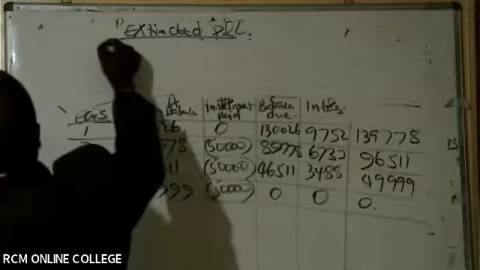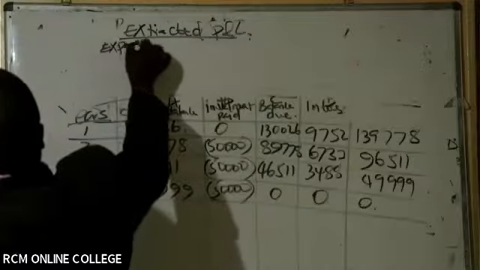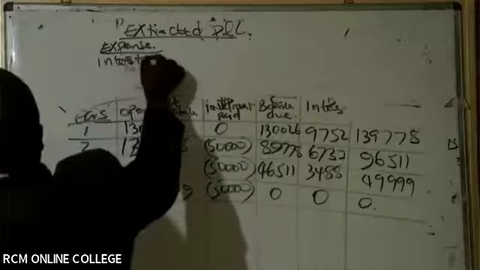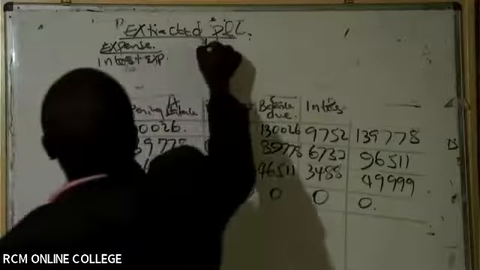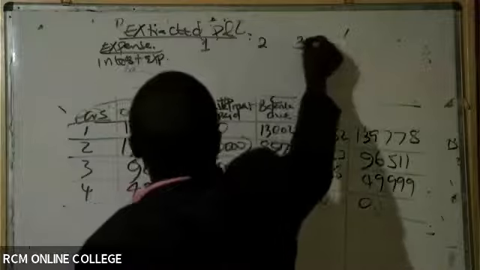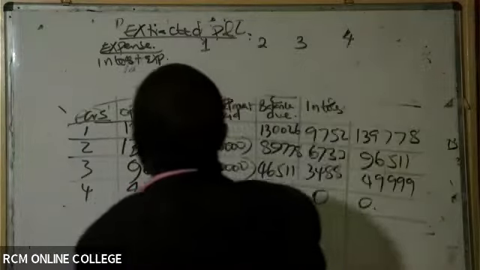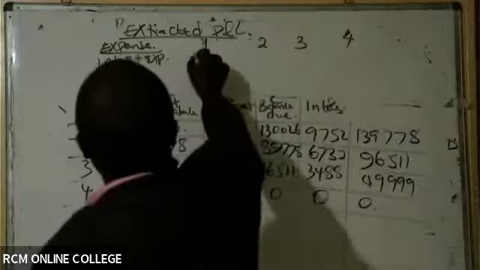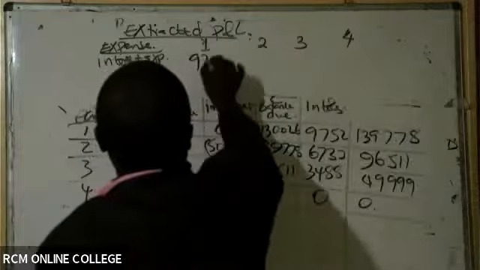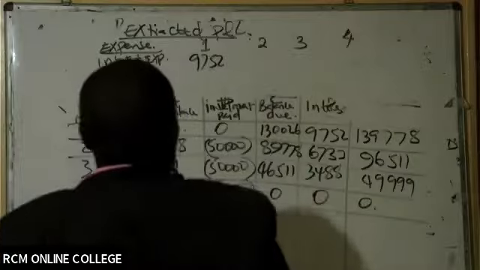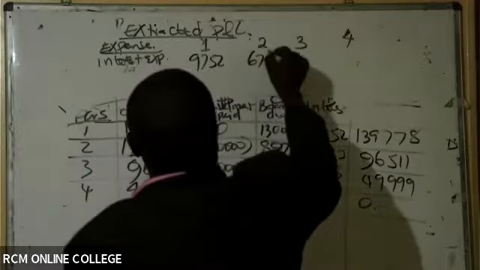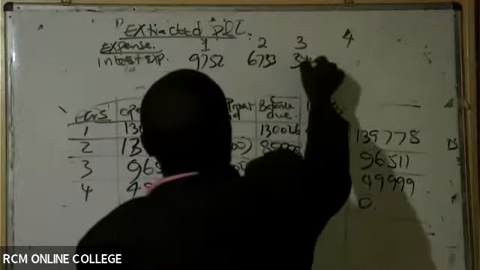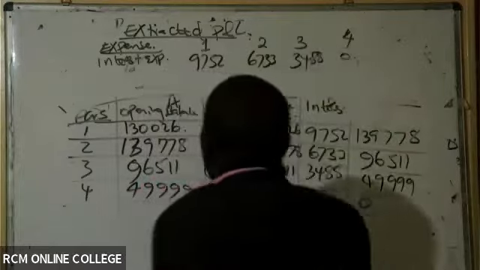Of course, these are expenses. We have interest expense for years 1, 2, 3 and 4: you can see where interest is, 97.52, 67.33, 34.88, and 0.